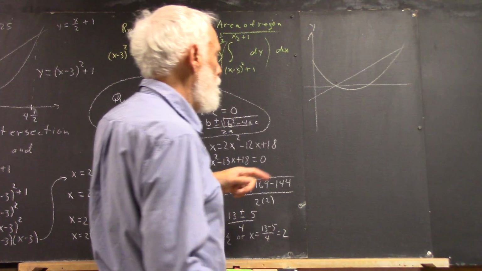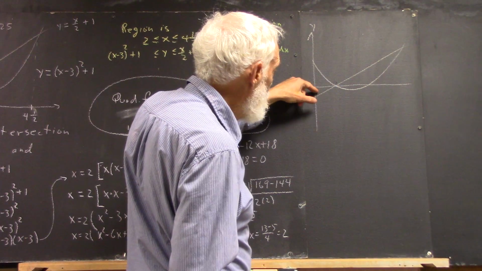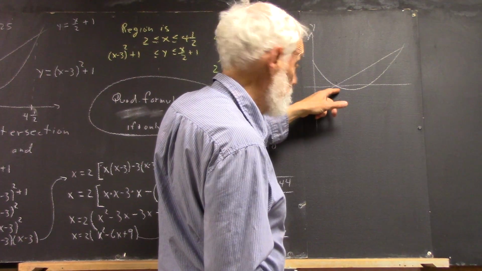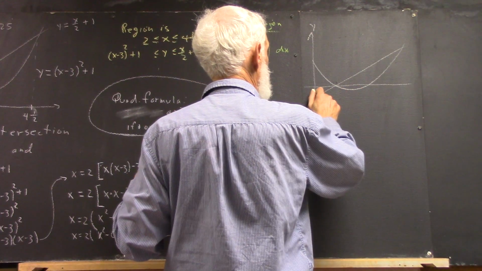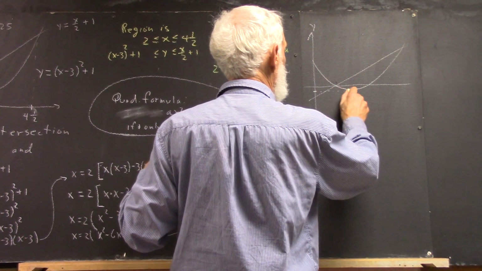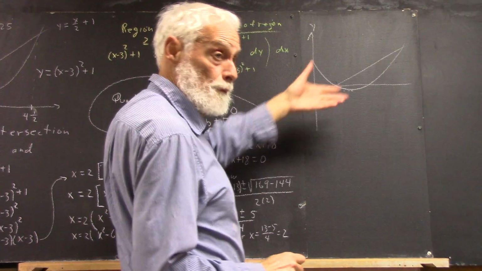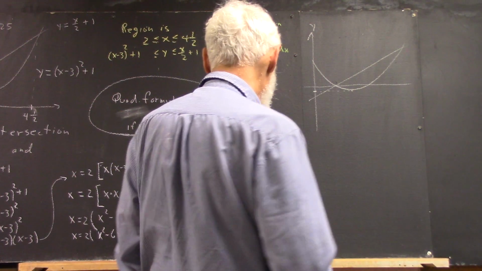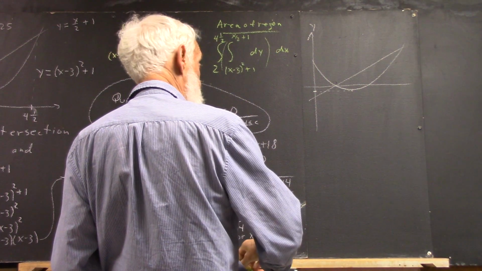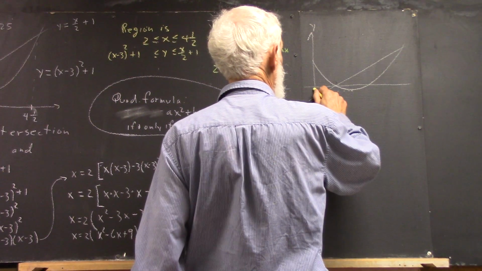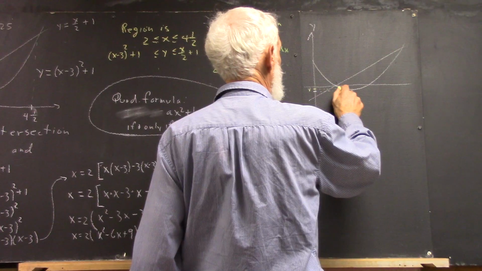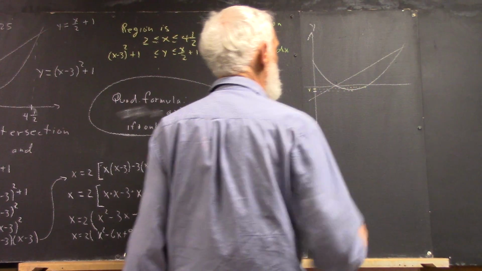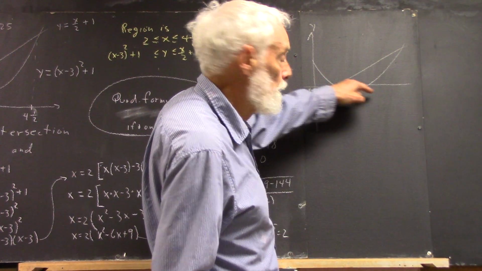Okay? For y values below this line, in other words, for y values between, let's say here, which is your lowest value of y, and here, the region runs from, so if you've got a y in here, well, the region runs from one point of the parabola to another.